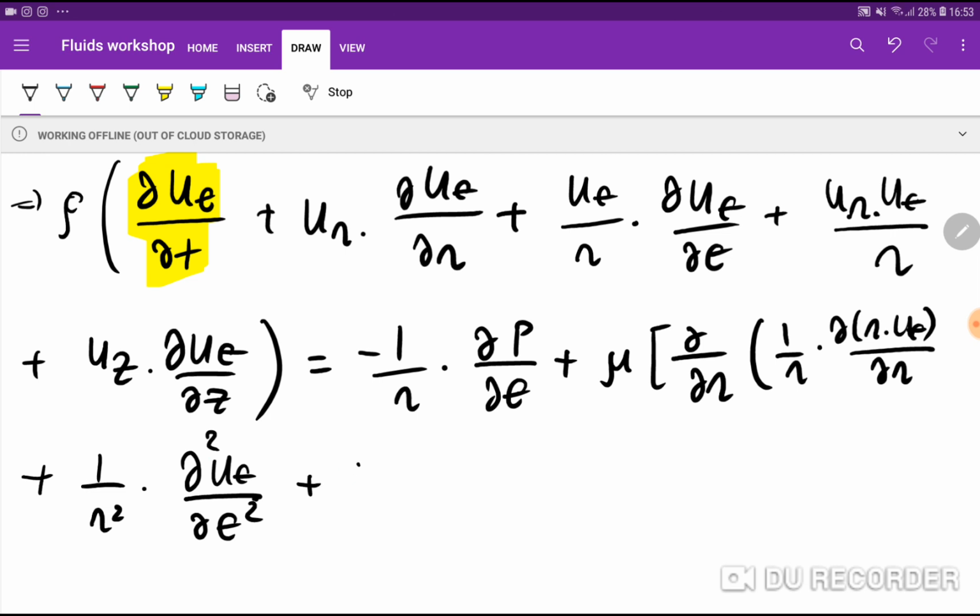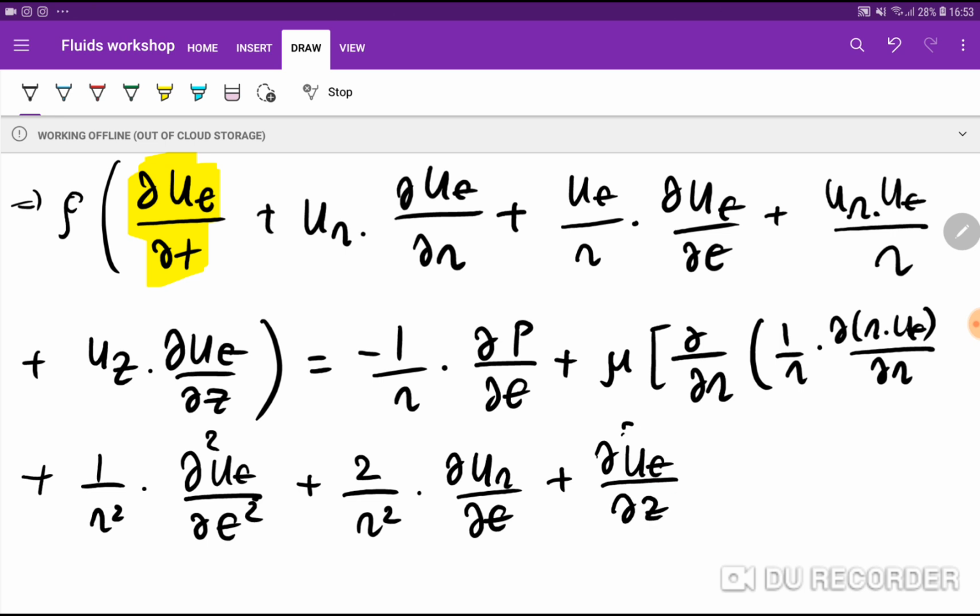And you can add 2 over r squared times partial ur over partial theta, and then you can add the second partial of u theta over partial z squared. You close the bracket and you add the gravity term, so it's rho times g theta. Okay, perfect. You have the whole equation.